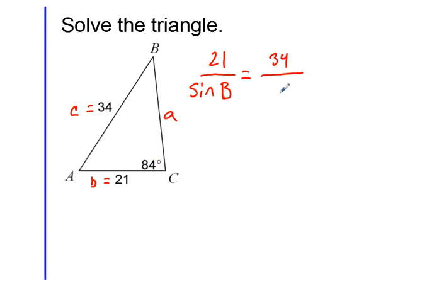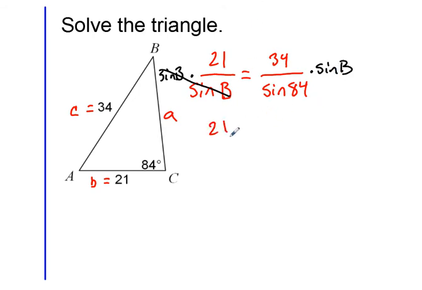So 34 divided by the sine of 84. So just like in the last problem, we're going to multiply by what's being divided right here. And that is the sine of angle B. So this removes it from the bottom, and now it's over here on the top.